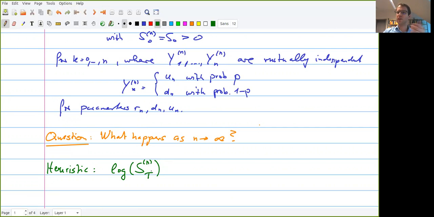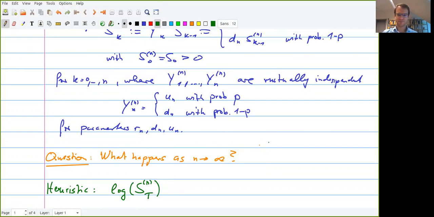I take the logarithm of the terminal price in the nth model. Why do I want to take the logarithm? Because the price at time 0 is always the same. And what do I get here? The logarithm of the terminal price in this model is just the sum of the logarithms of the price movement in each period.